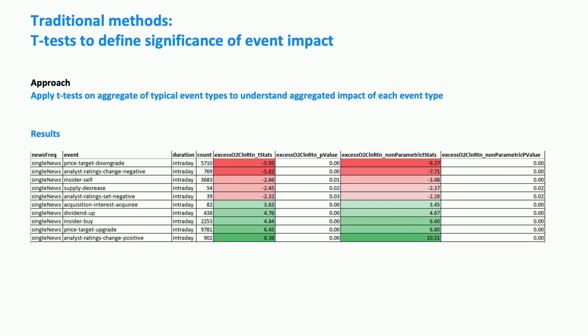So it makes sense, right? We feel good about our hypothesis that news has impact on stock returns, and it matches with our intuition. But there are 2 large hurdles of this t-test approach.